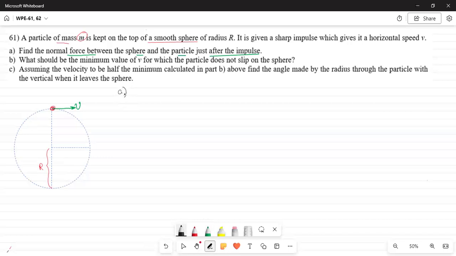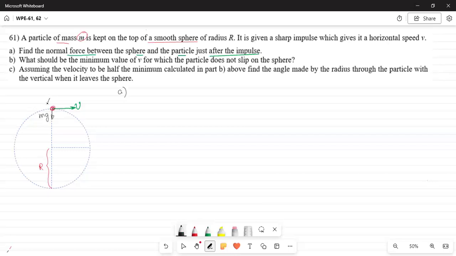See, right at this point, there is a downward force mg. And there is a centripetal force.